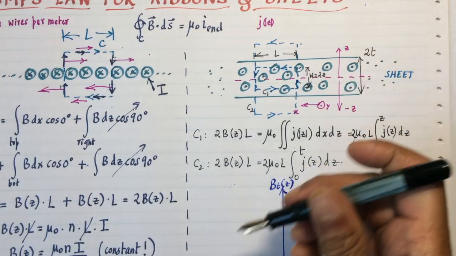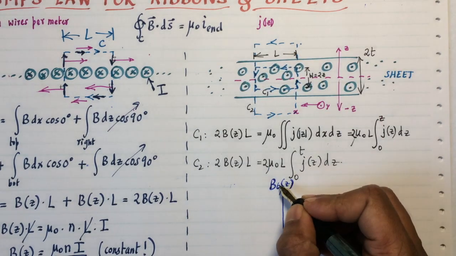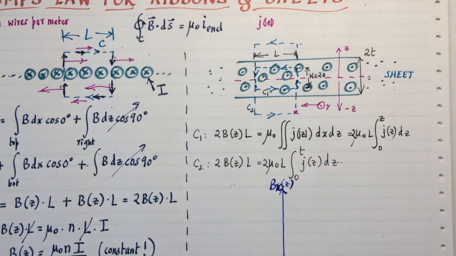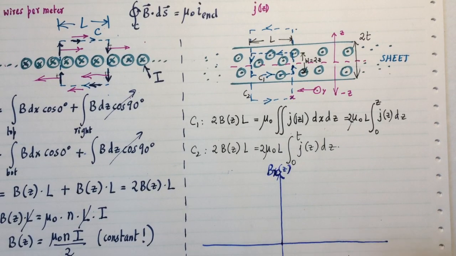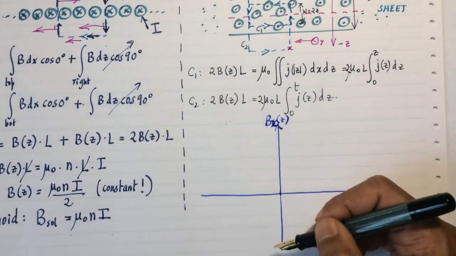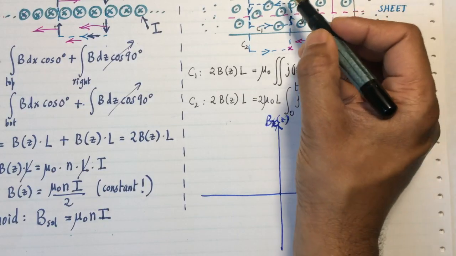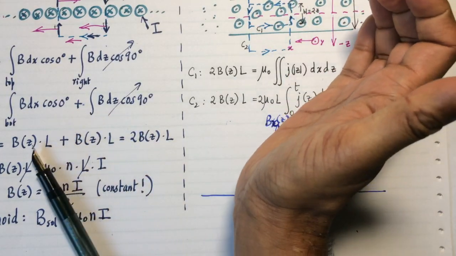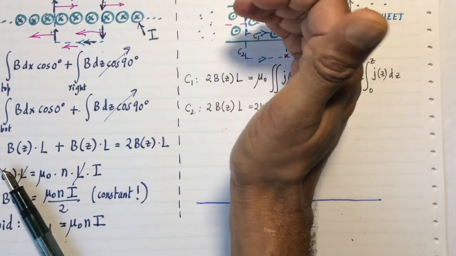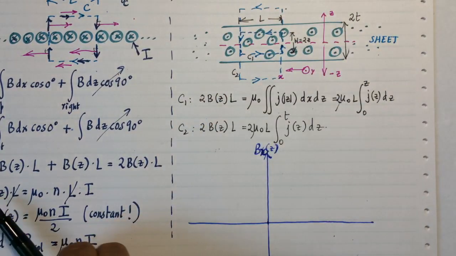The B has got an x component, so it's going to be B_x as a function of z, not B_t. Let's take positive x to be up and negative values in the x direction to be down. So you'll see that the magnetic field here is in the negative x direction at the top, then here it's 0, and then here it's going to be in the positive x direction.